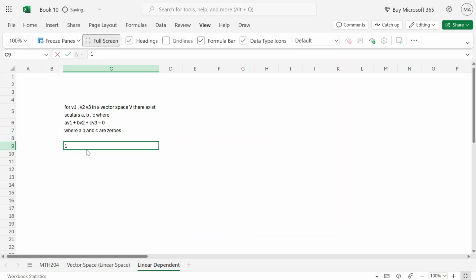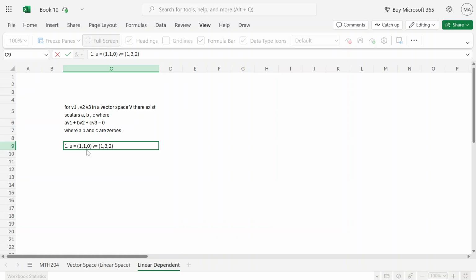So now let's solve a problem. Number one: u equals (1, 1, 0), and v equals (1, 3, 2). So these are our vectors.